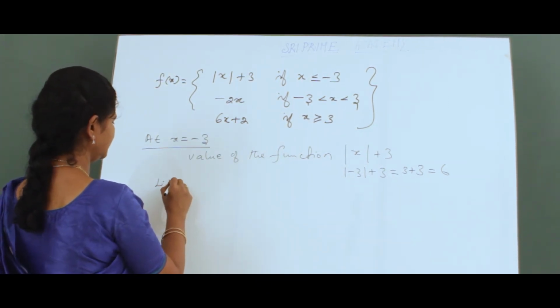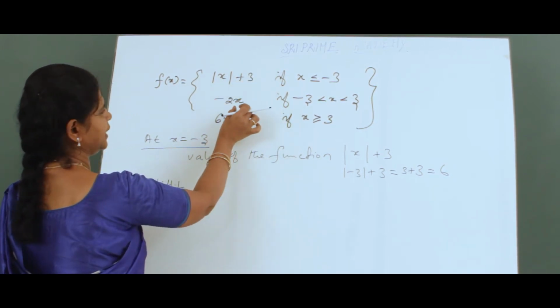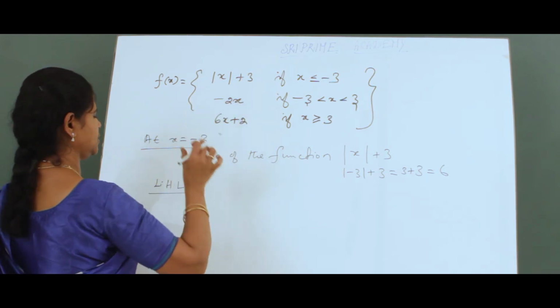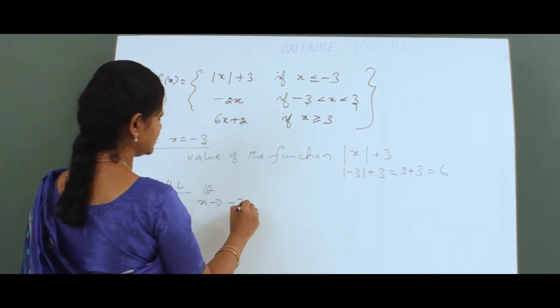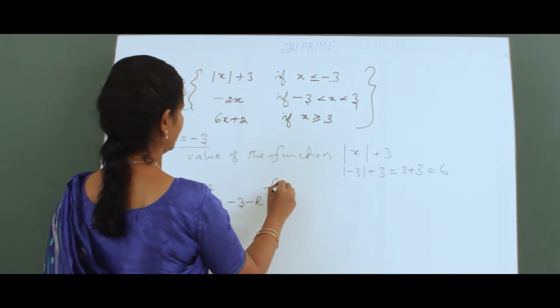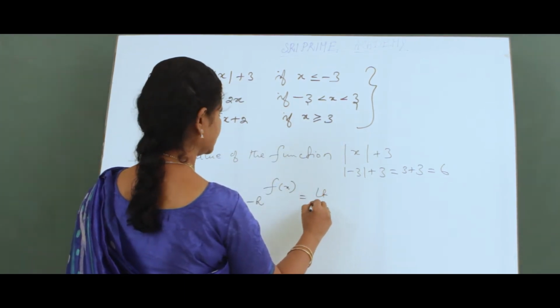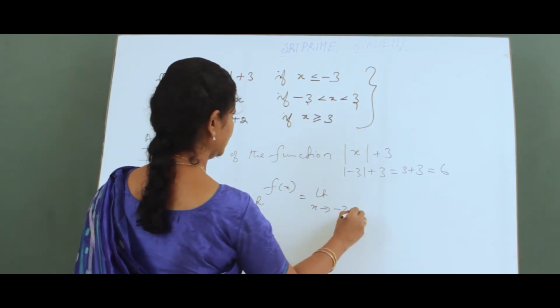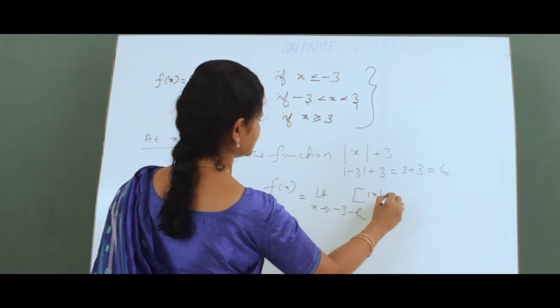Next, let us take the left hand limit. For the left hand limit you have to select this portion, and for the right hand limit you have to select this portion. So that is limit x tends to -3 minus h, f of x, which is this value. Substitute modulus of x plus 3.